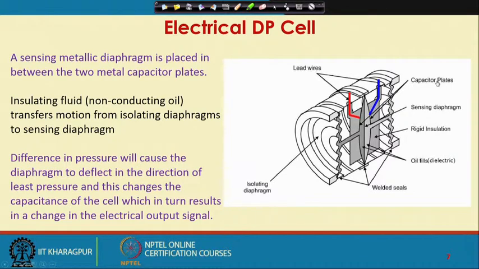So, once again you see a schematic of an electrical DP cell.